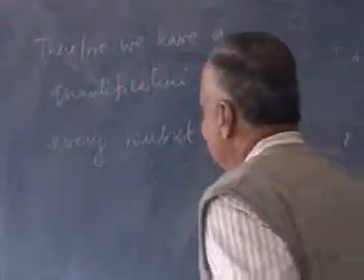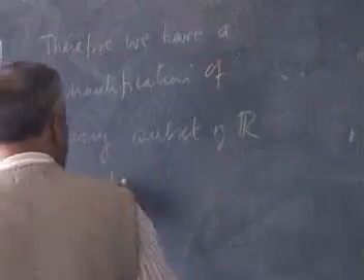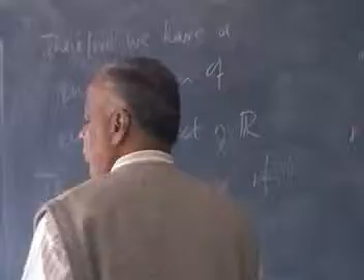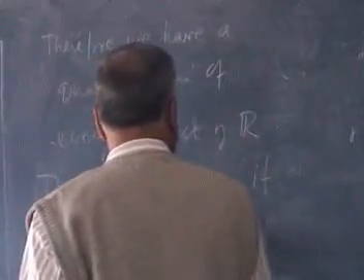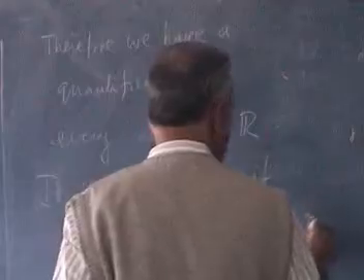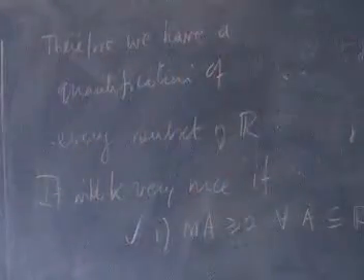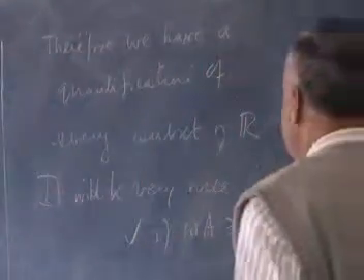So, sudden excitement. It will be very nice if, 1, M*(A) is greater than or equal to 0 for every A in R. It is nice, because you are taking the infimum of non-negative quantities, so it has to be non-negative. 2.